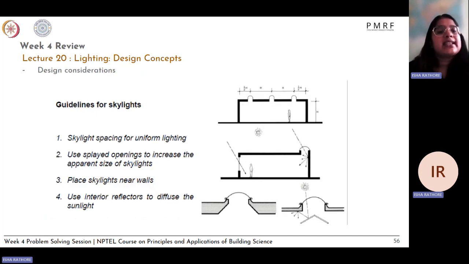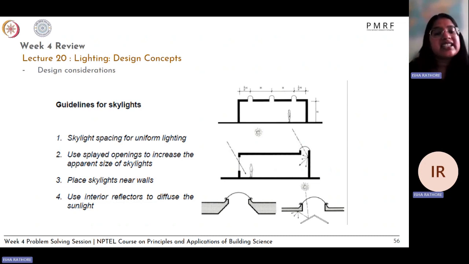Then certain design considerations need to be made when you are designing buildings. Especially for skylights, the skylight spacing should be uniform such that light is uniform. Then splayed openings can be used to increase the apparent size of the skylights. Then you can place these skylights near the walls.